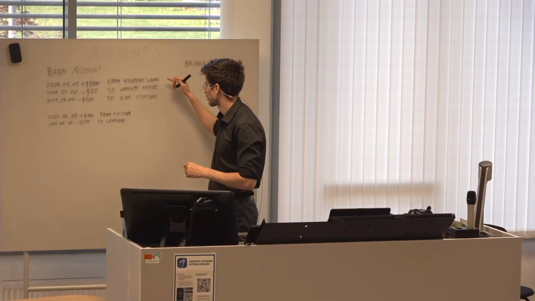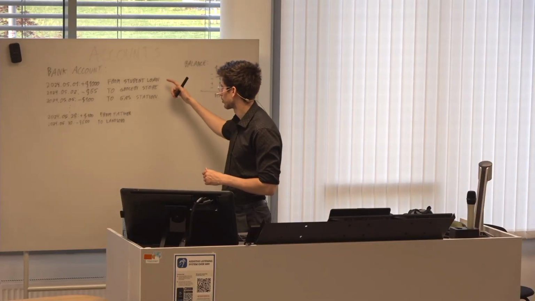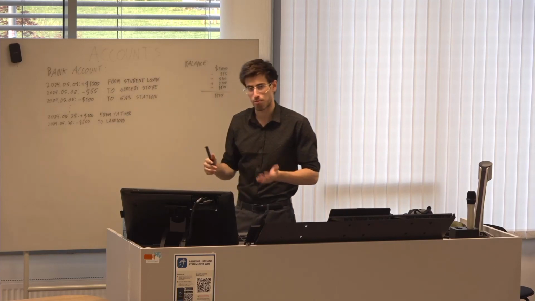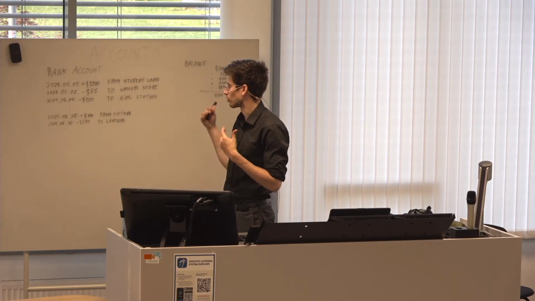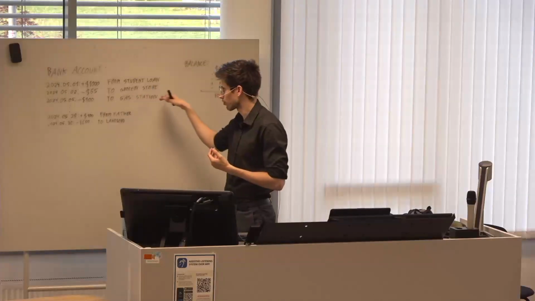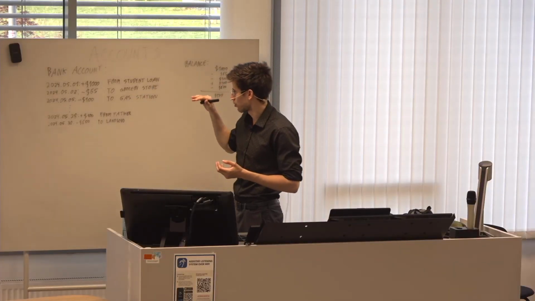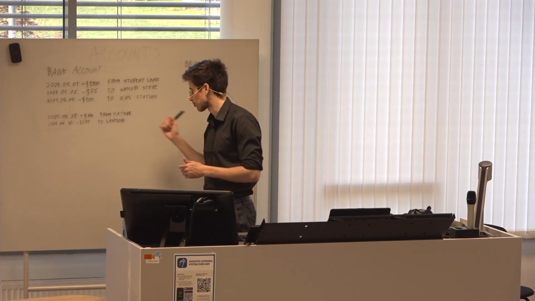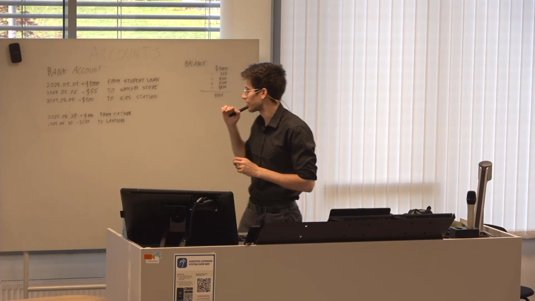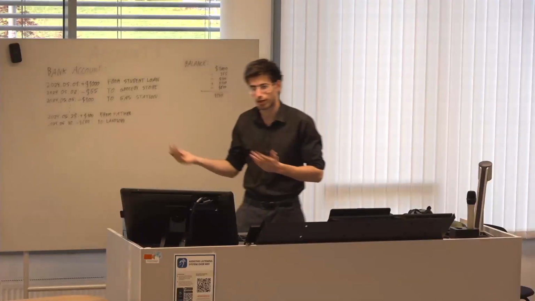And we see that the bank account has received $1,000 from a student loan. It has lost $65 to the grocery store. It has lost $100 to the gas station. It has received $100 from the father of the person, and it has lost $600 to the landlord.